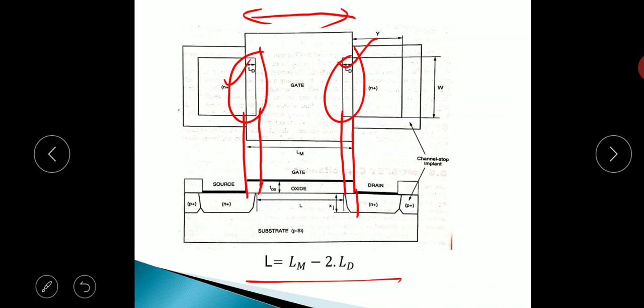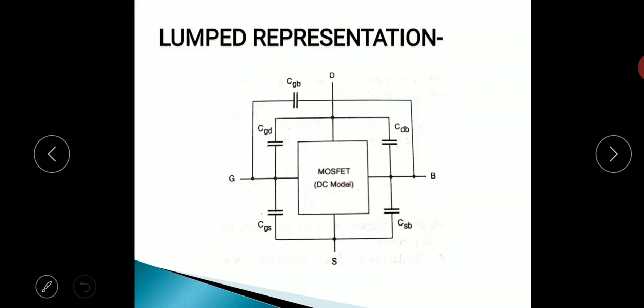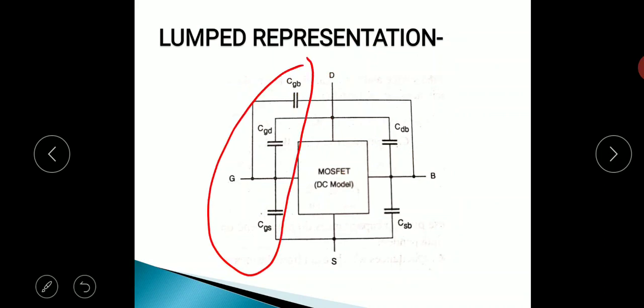Next, let's see the lumped representation of the parasitic MOSFET capacitance. Here, capacitance between two terminals is located at a single point, but actually during calculation we see it is present in distributed manner. So these three are oxide related capacitance, these two are junction related capacitance.